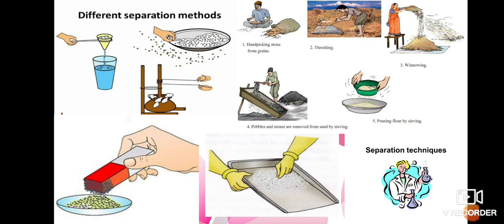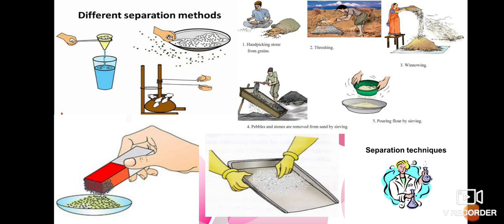If iron particles have to be separated from sand, we use a magnetic bar, the magnetic separation method. Daily our mother uses hand picking to pick stones from rice to make food for us. So these are some methods used in our daily life to separate mixtures.